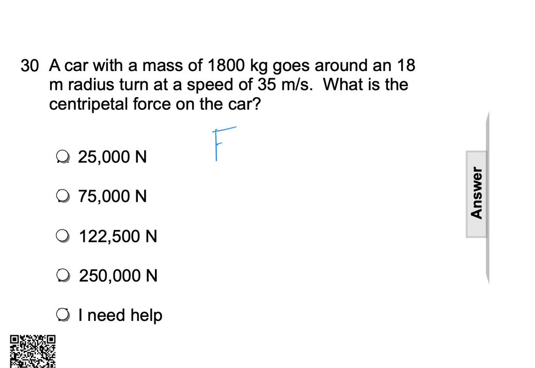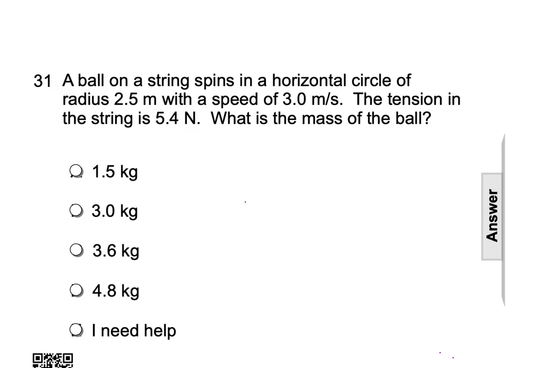Fc equals mv squared over r. Just plug everything in. No tricks. If you know the tension in the string, that is the centripetal force. So in these problems, if they give you something with newtons in it, it's probably the centripetal force. Not always, though. At least so far.